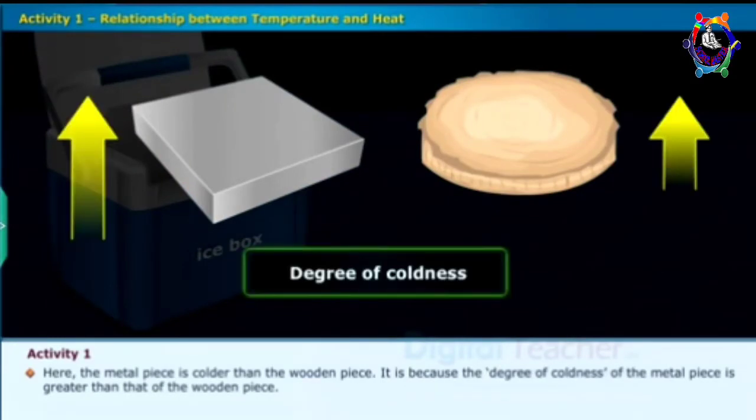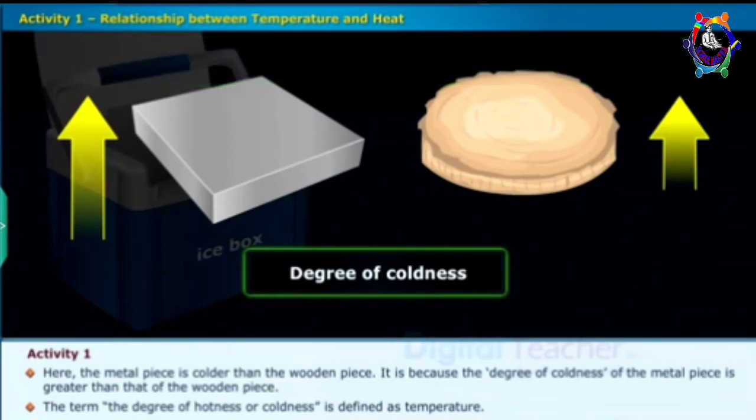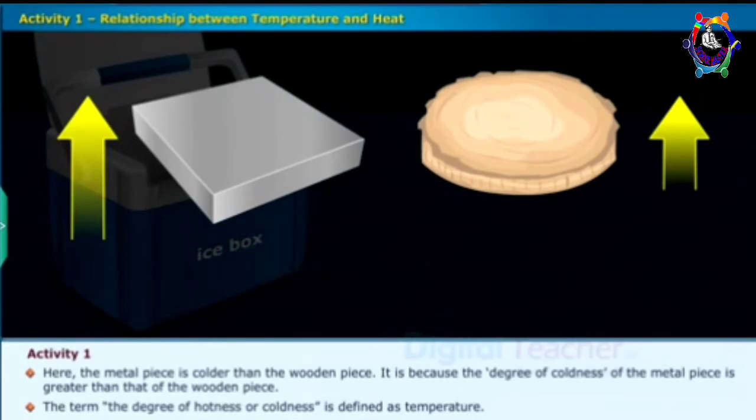It is because the degree of coldness of the metal piece is greater than that of the wooden piece. The degree of hotness or coldness is defined as temperature. Finally, in terms of temperature, the metal piece is at a lower temperature as compared to the wooden piece when both of them are taken out of the ice box or fridge.